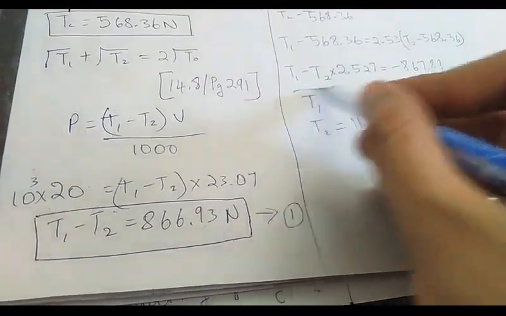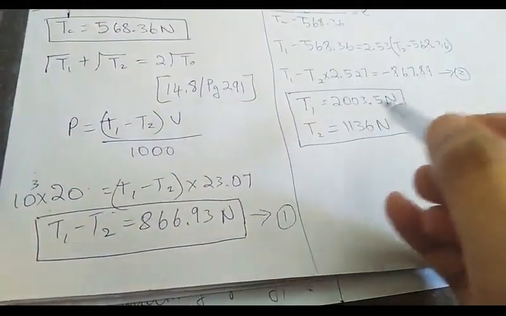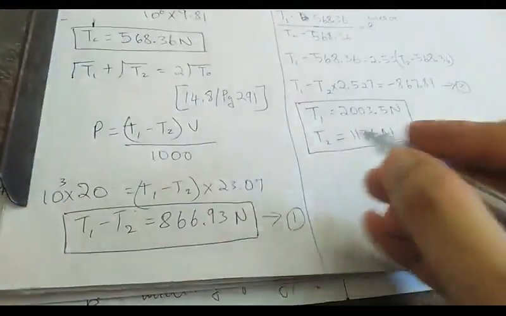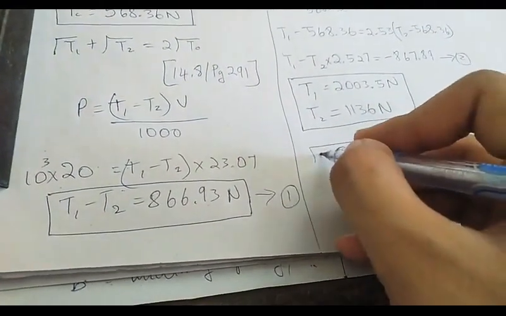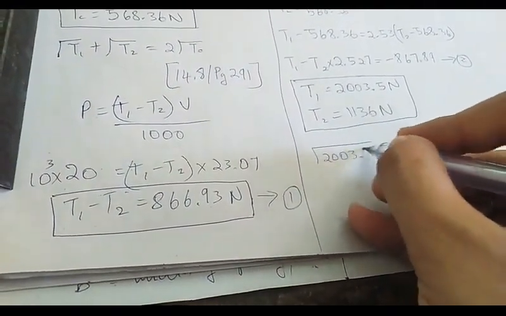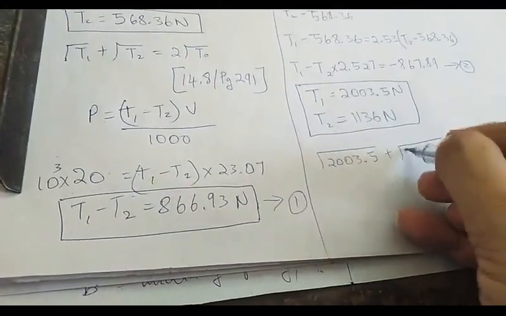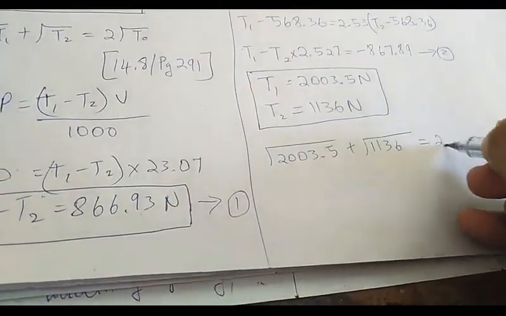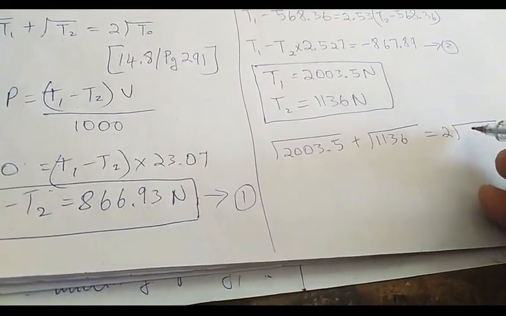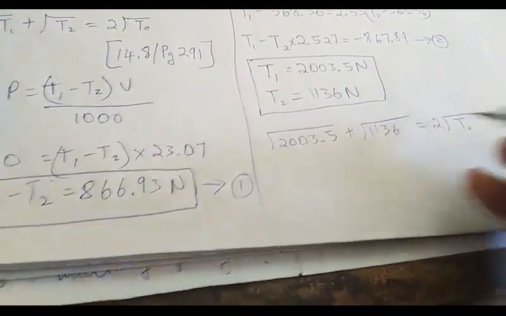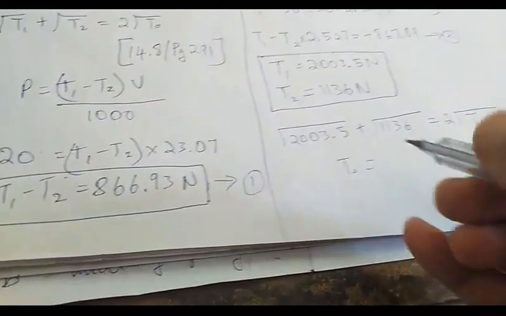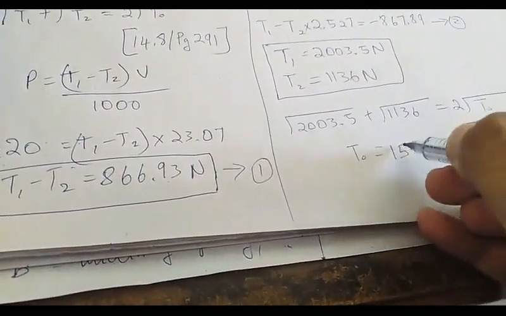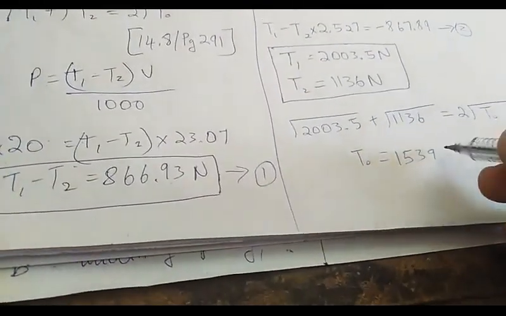So we have found both the values of T1 and T2. We'll substitute the values of T1 and T2 in this equation, and we can find the value of T0. So T0 is 1539 newtons.